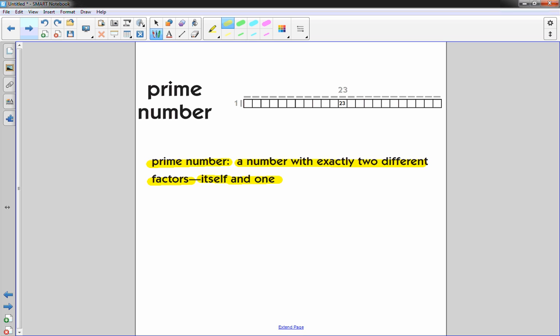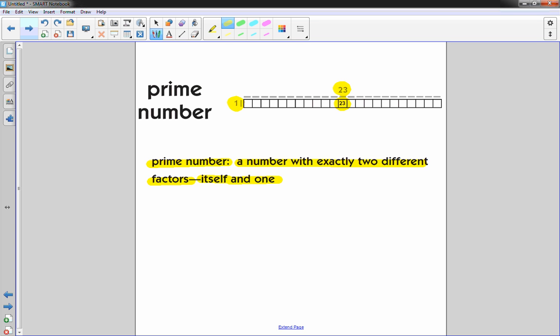And in this case, I'm using the number 23, and if we use the tiles again like we've been doing in class, the only way to make a rectangle with 23 tiles is to have one really long skinny one that is 1 tile by 23 tiles. There's no other arrangement that you can make. So the factors for 23 are 1 and 23.